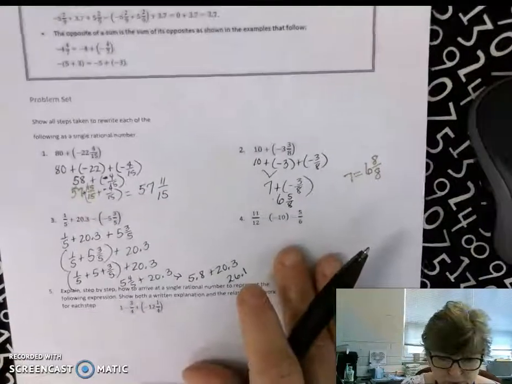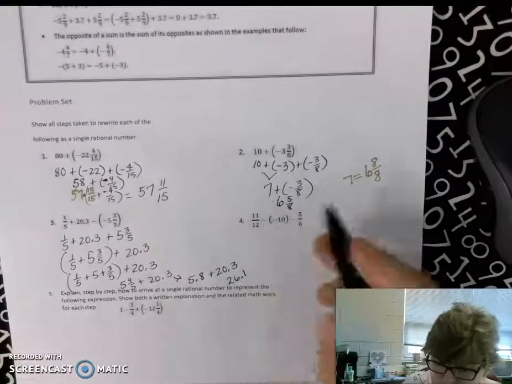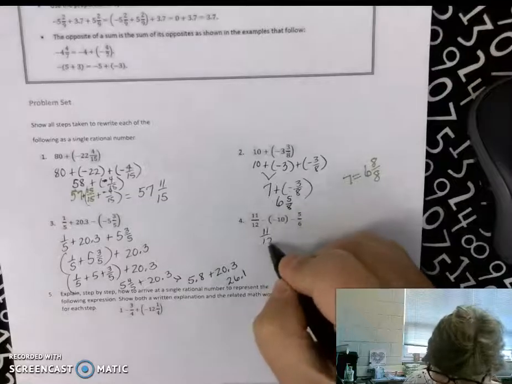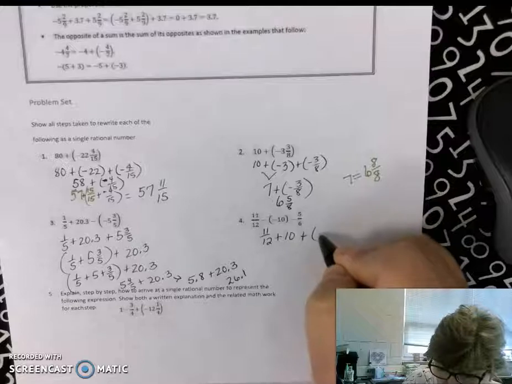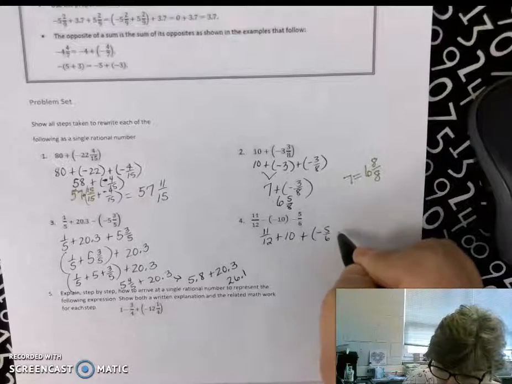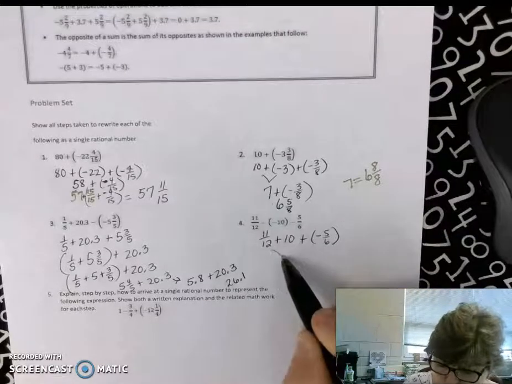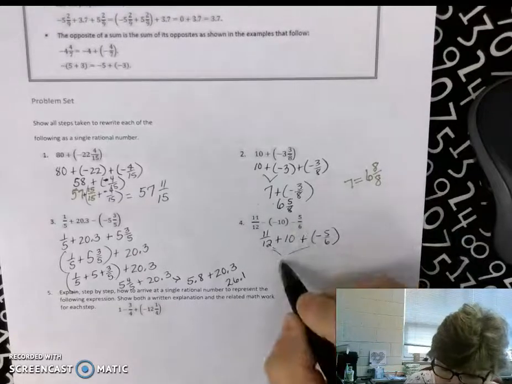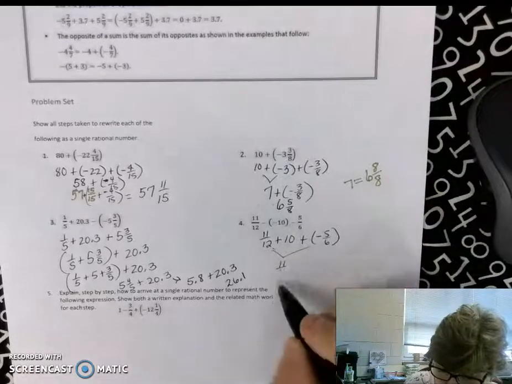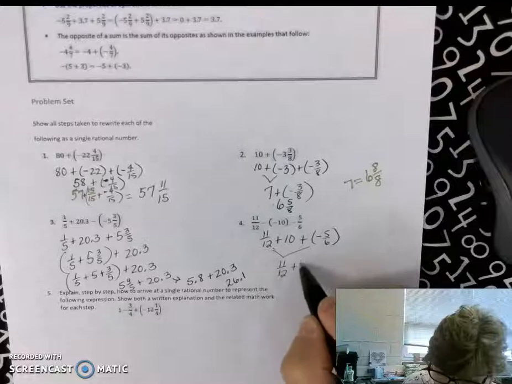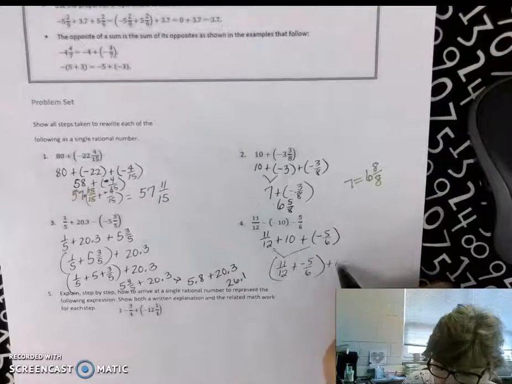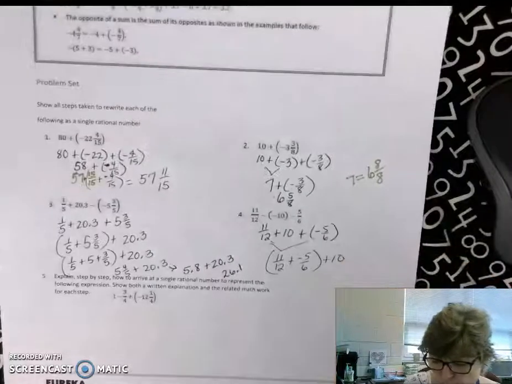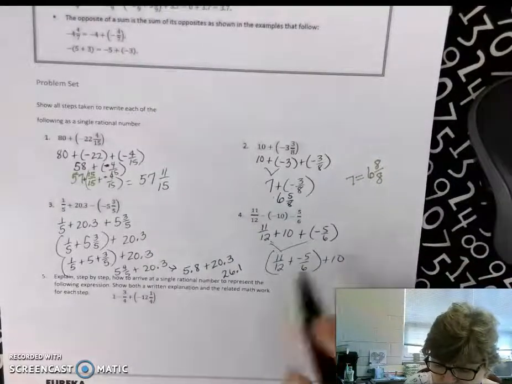Number 4, 11/12 plus 10 plus a negative 5/6. I'm going to group my fractions using that associative property. And I can't solve as is, so of course I need a common denominator.